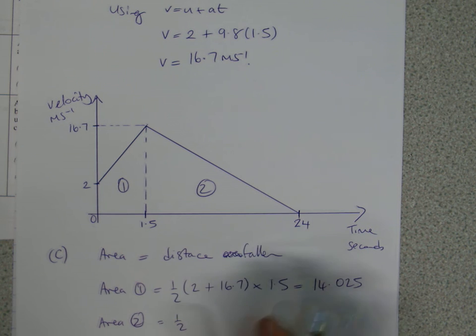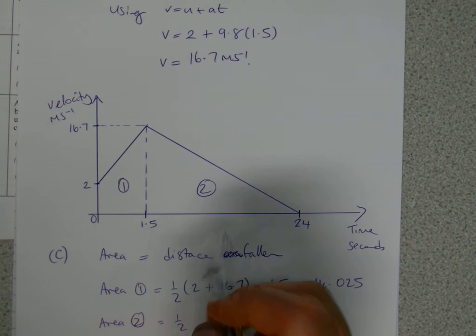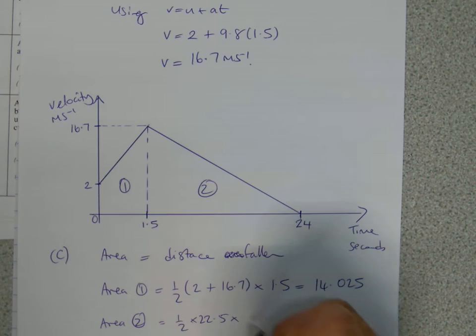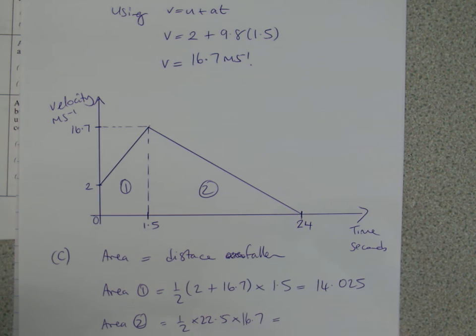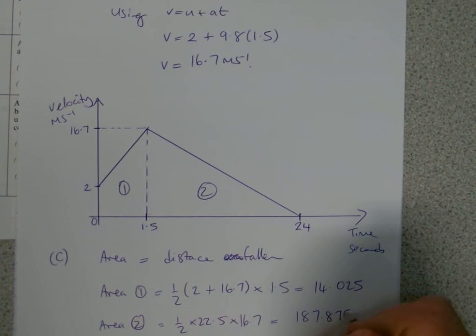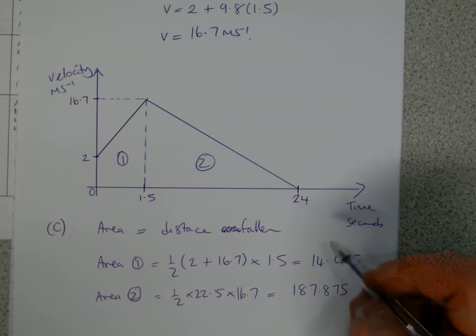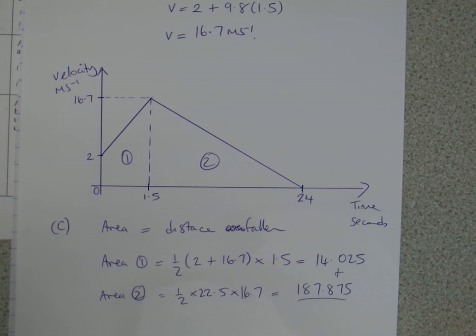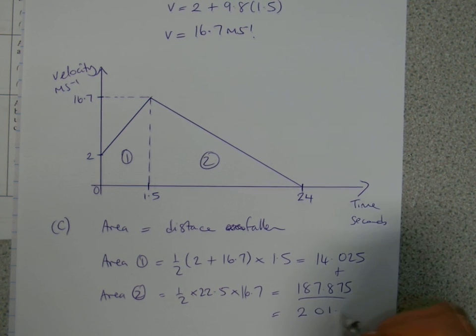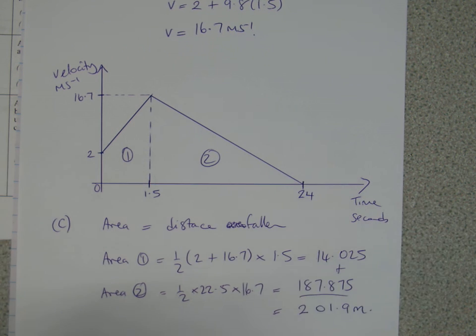Half times base, so that distance there, which was 22.5, wasn't it? Times then the height, which is 16.7. And that comes to 187.875. So then we need to add those two together, don't we, to get the total distance. So I add 14.025 on that. I get out then my total distance fallen to be 201.9 meters.